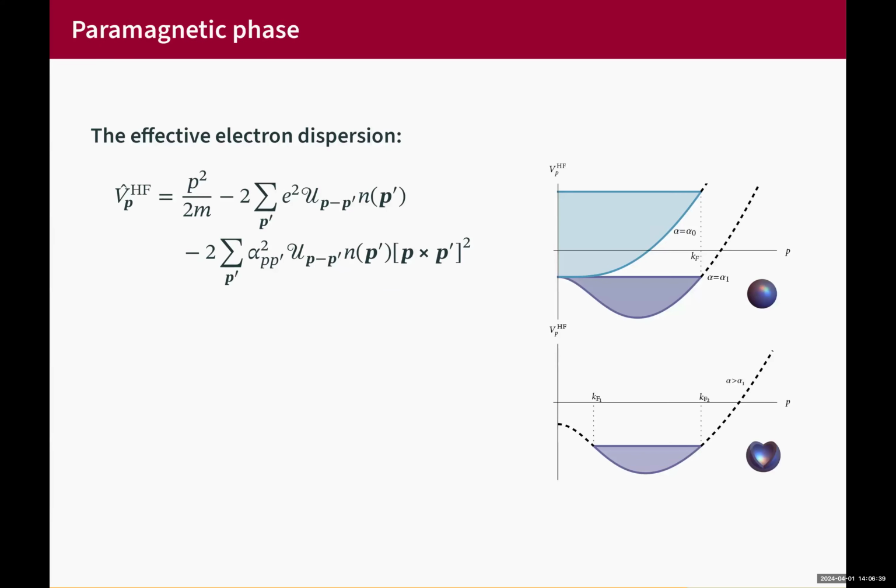And we will end up with two different phases, one symmetric and one with spontaneous rotational symmetry breaking. The symmetric phase will be paramagnetic. And what is funny about this phase is that its dispersion, this Hartree-Fock effective electron dispersion, think of it as an effective electron energy as a function of momentum, becomes non-monotonic. This is because the spin-orbit interaction is proportional to the electron momenta, and if this interaction lowers the electron energy, there will be a dip in the electron dispersion, and as you increase the magnitude of the spin-orbit interaction, eventually electrons will populate the states with higher momenta.